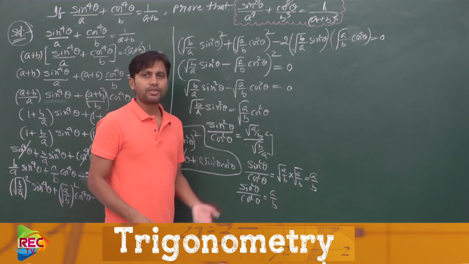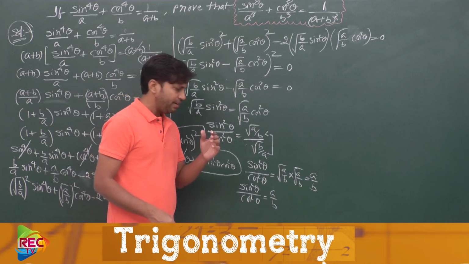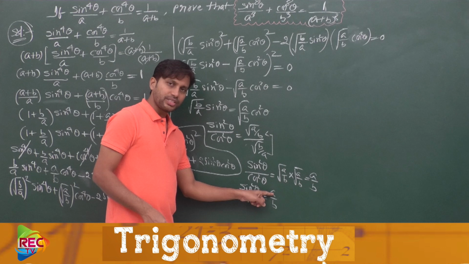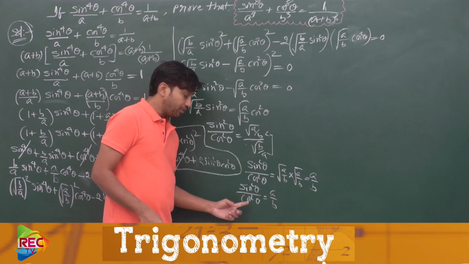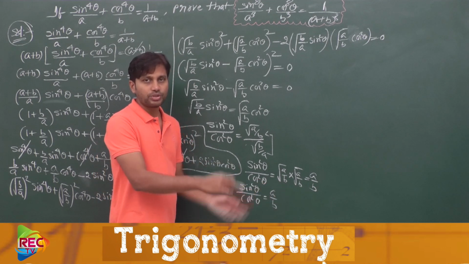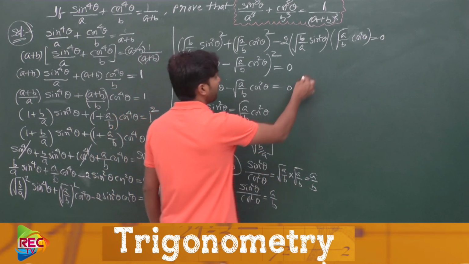Now let us apply the rule of alternando. Leave about the name alternando. If you just bring this a to this side, it will come under the denominator. If you take this cos square theta to this side, it will come under the numerator part. Let us do that simultaneous change. Okay, then what happens?